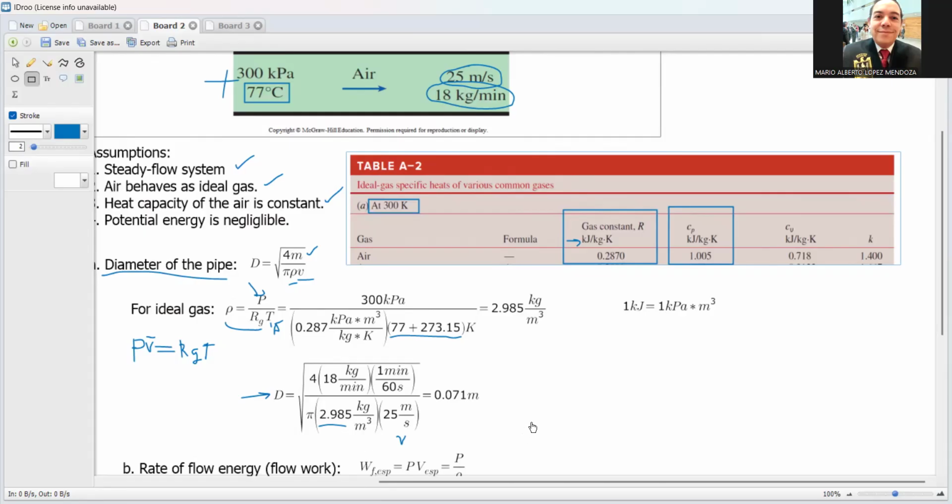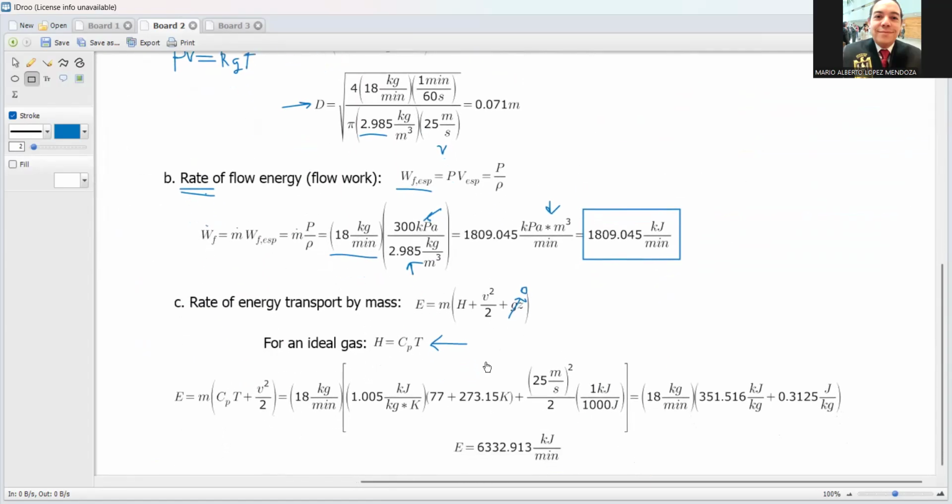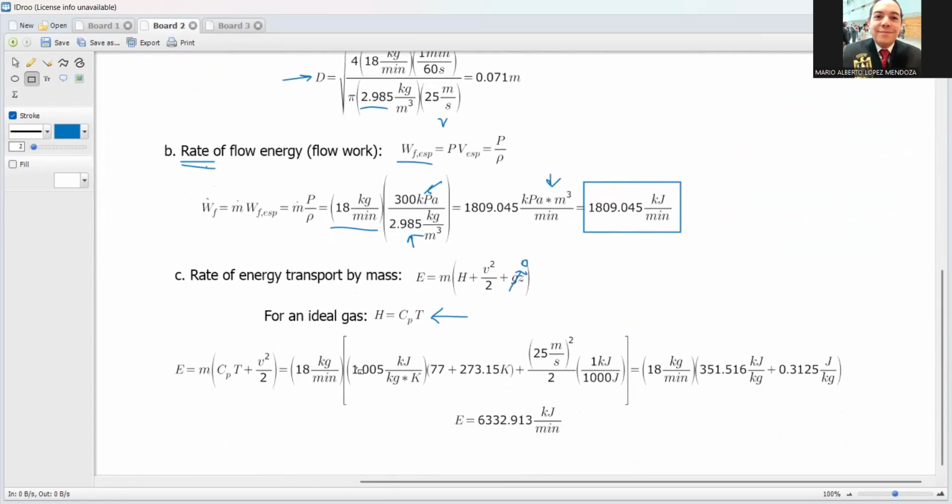So in this case, we're going to consider that this heat capacity of 1.005 can be taken as the heat capacity at the gas condition. Now we just need to substitute the values for all the quantities.